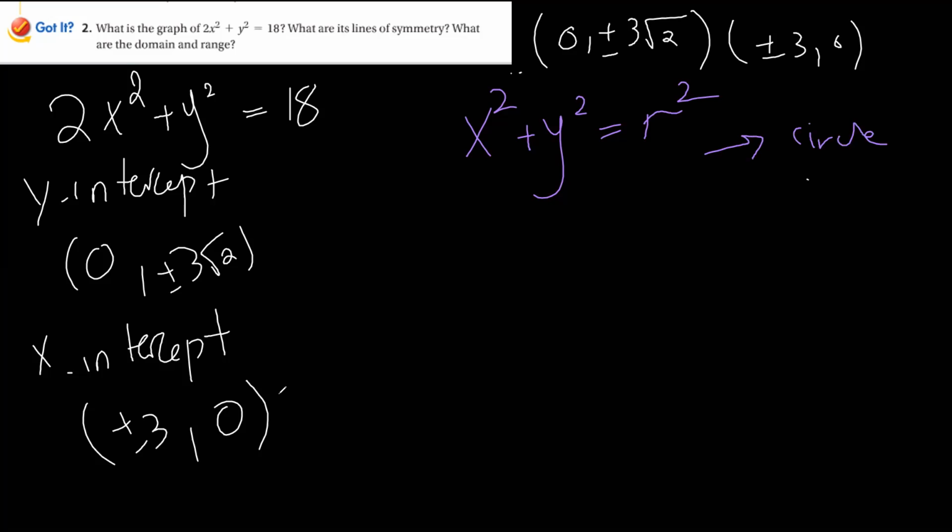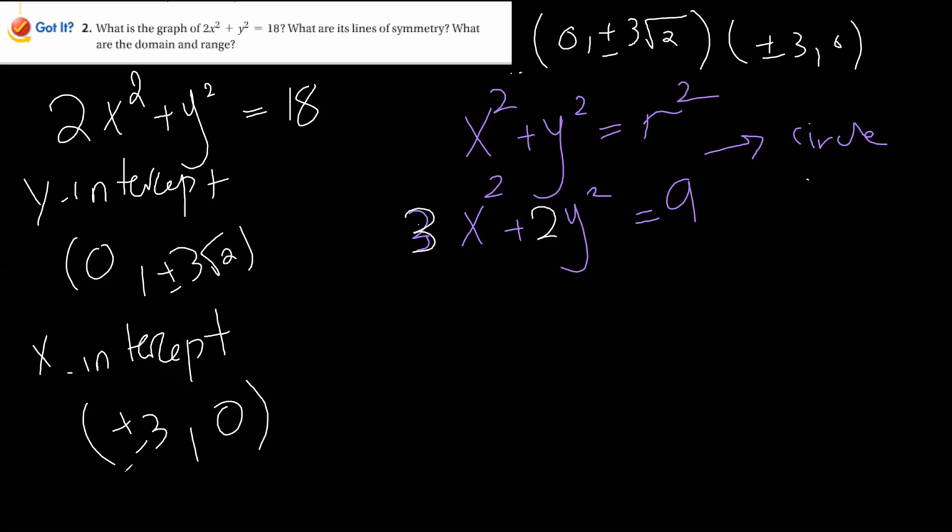But now, if we have a number for x and another number for y, not 1 and 1, 2 and 2, 3 and 3, I'm talking about an ellipse, like 3x squared plus 2y squared.